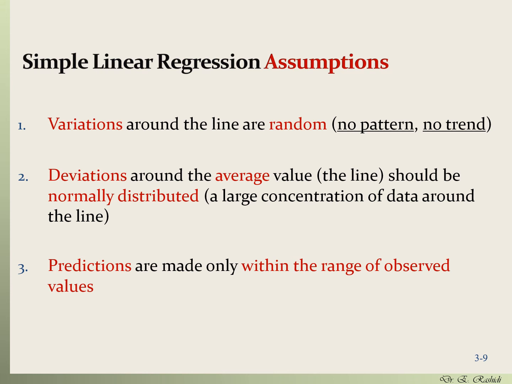This is very important to know when you apply the regression line. Do not use the regression line outside of the accepted range. Any prediction made should be within the range of the observed values.